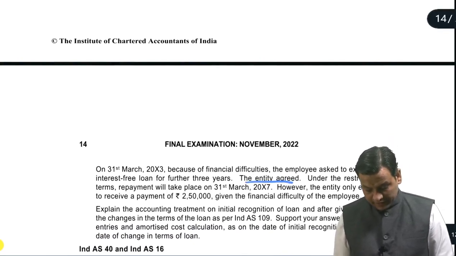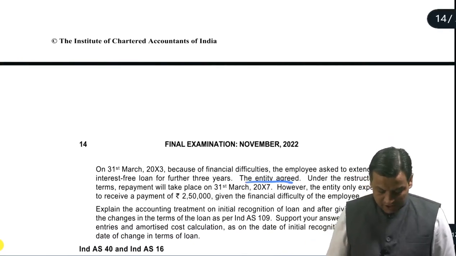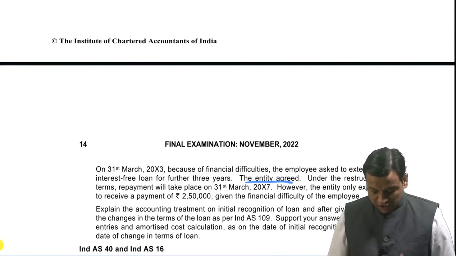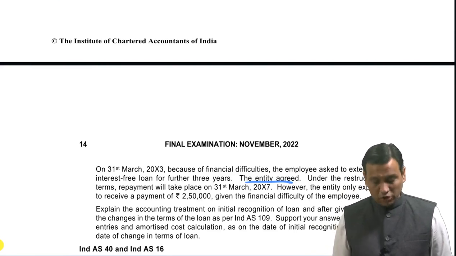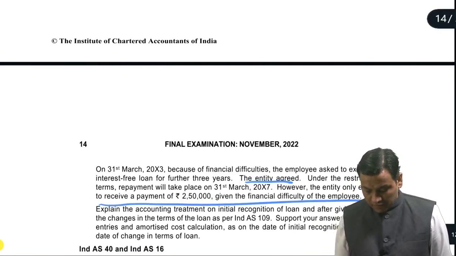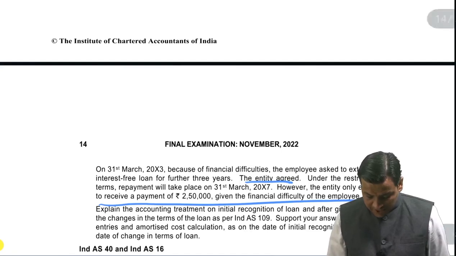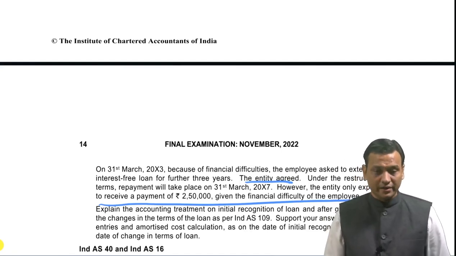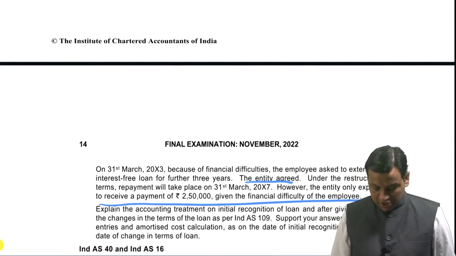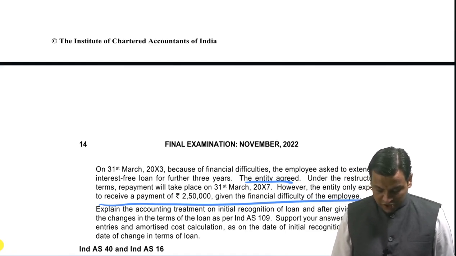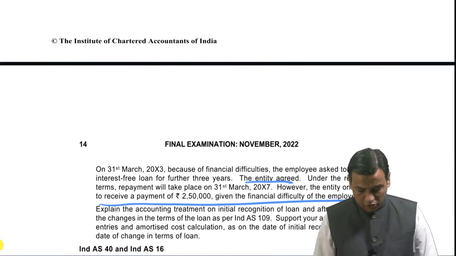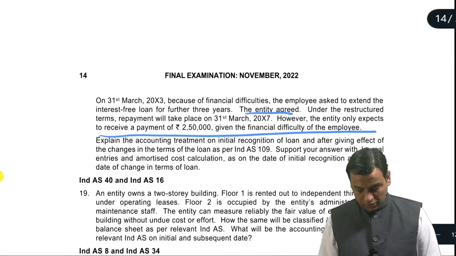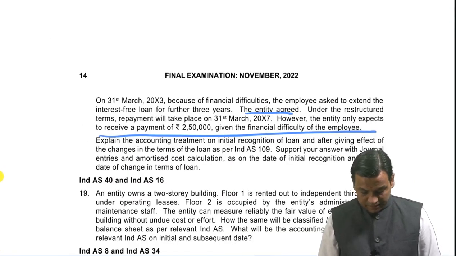The entity agreed. Under the restructured terms, the repayment will take place on 31st March 2007. However, the entity only expects to receive a payment of 2,50,000 given the financial difficulty of the employee. Explain the accounting treatment on initial recognition of the loan, after giving effect of the changes in the terms of the loan as per 109, and support your workings and answers.